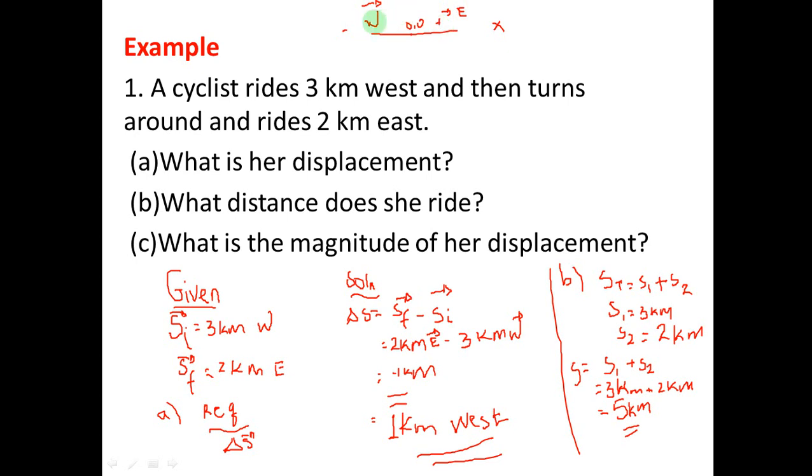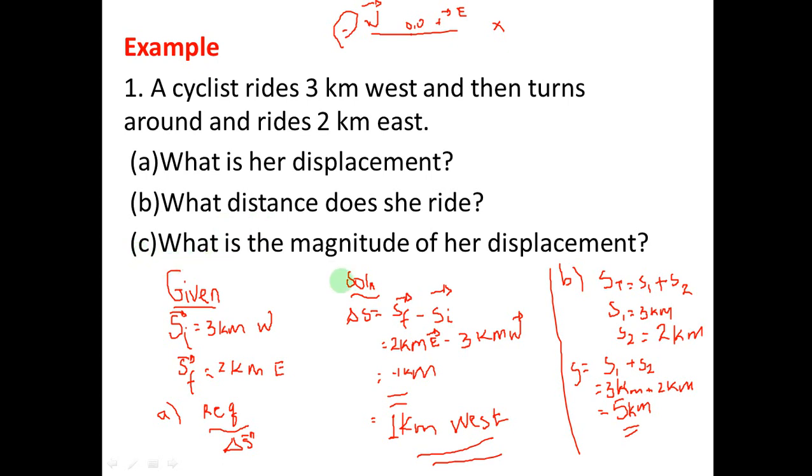When it comes to the left of the origin, it is the west direction, and its magnitude is negative. You have to consider these things.